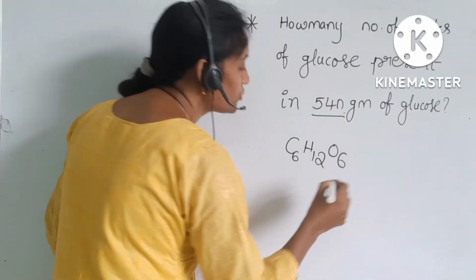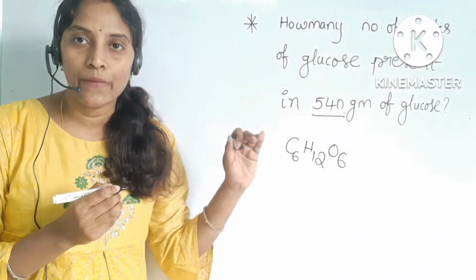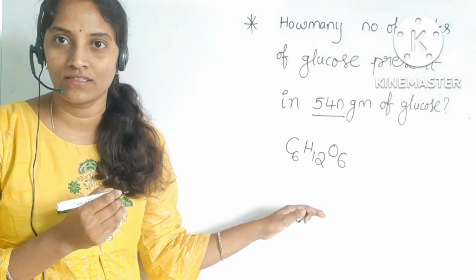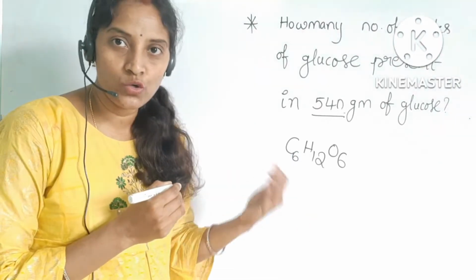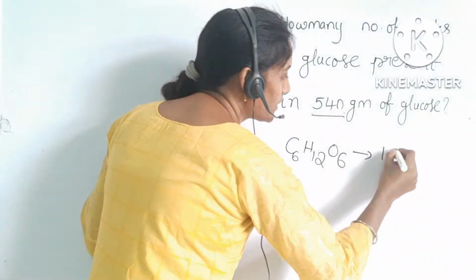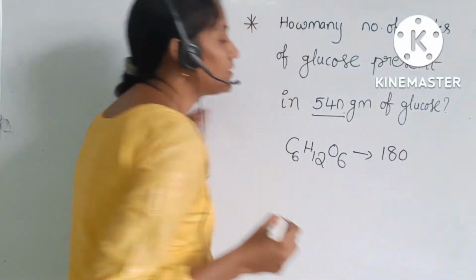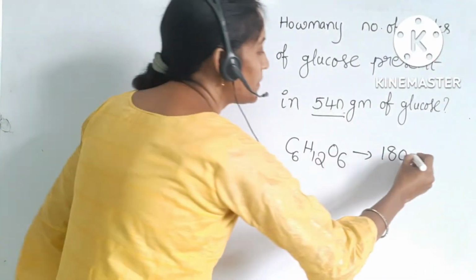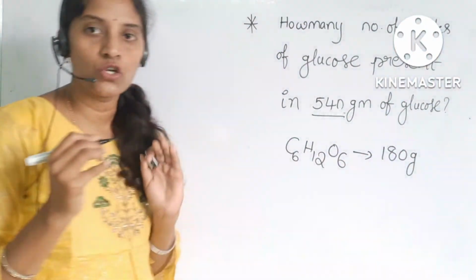Then you should calculate the molecular mass of the glucose molecule. If you calculate, you will get 180 grams as the molecular mass of glucose.